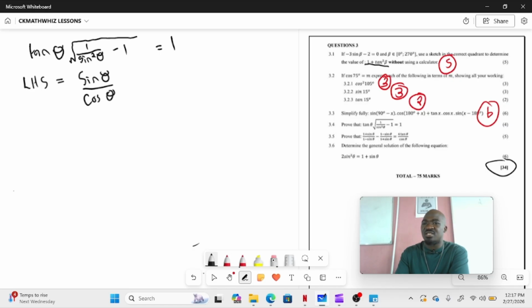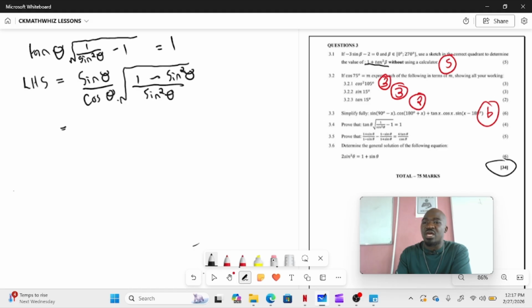That's an identity. Then inside, let me just simplify. Just find the common denominator inside. The common denominator can be sine squared theta, right? This sine squared theta divided by sine squared theta is 1 minus sine squared theta, divided by sine squared theta.